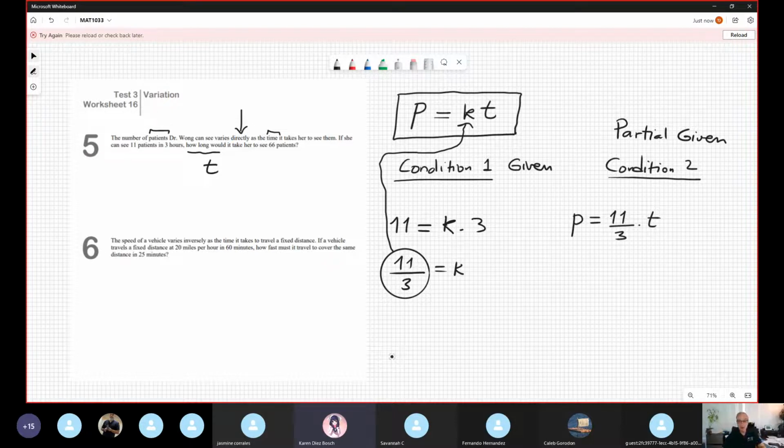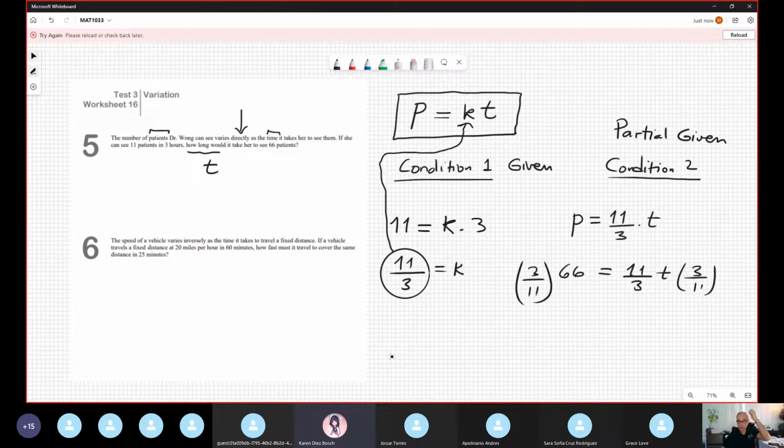So basically, condition 2 is giving the number of patients is 66, equal to 11/3 T. So for T is super easy. Remember the shortcut to do that. When you have a fraction, you multiply by the reciprocal. It's 3/11 both sides.